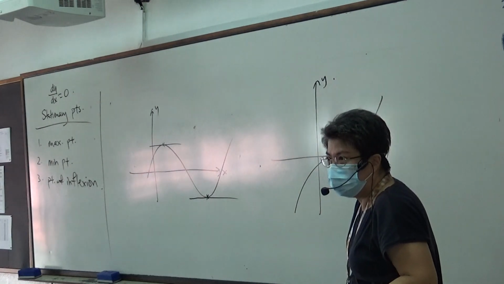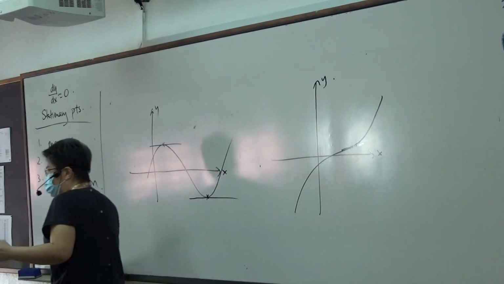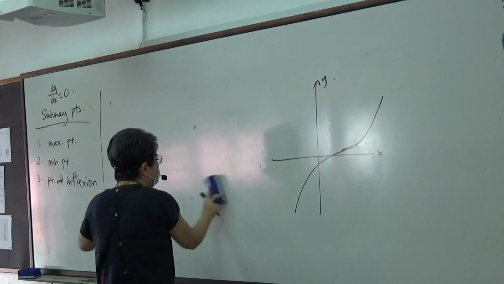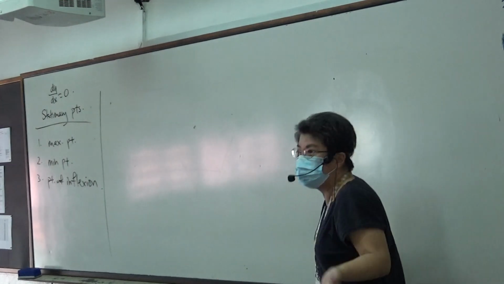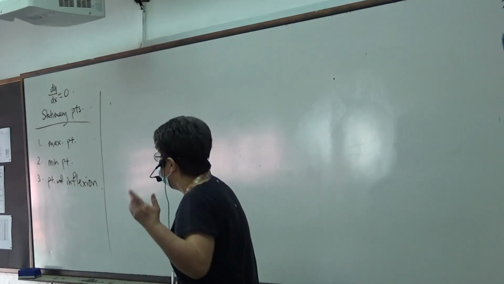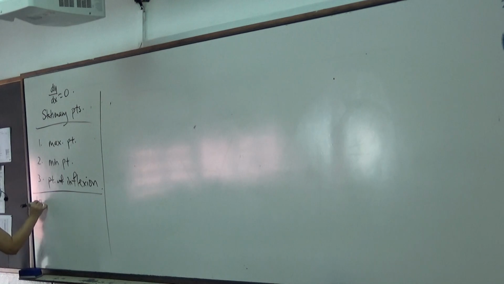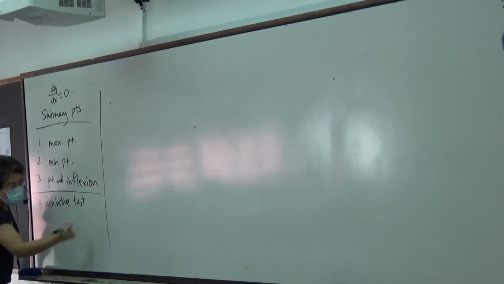Everybody clear? Okay, now then you'll ask me, how do I test whether it is a maximum, minimum, or a point of inflection? Of course, there are tests to deal with it. One is called the first derivative test.